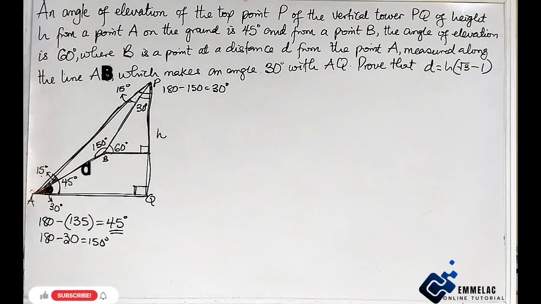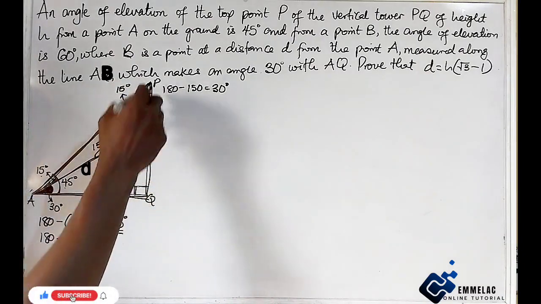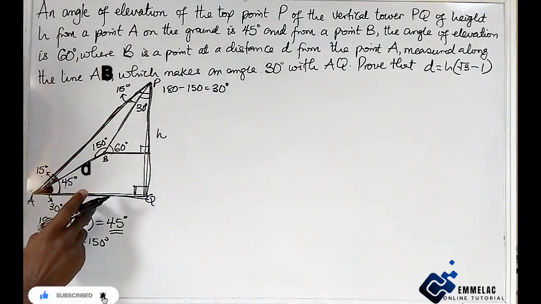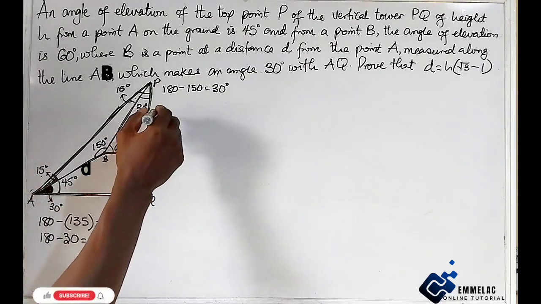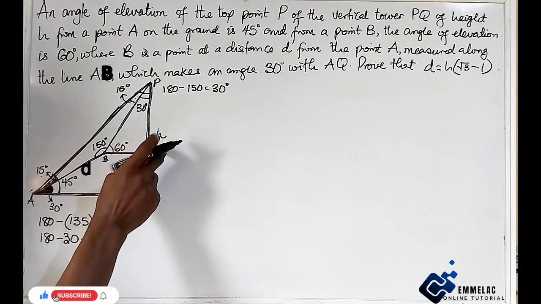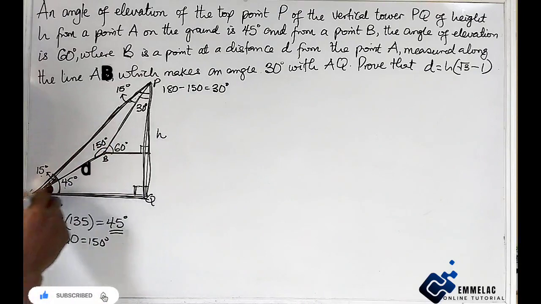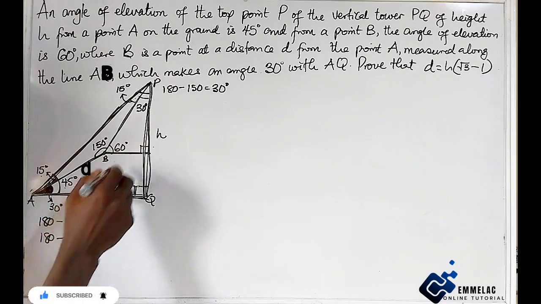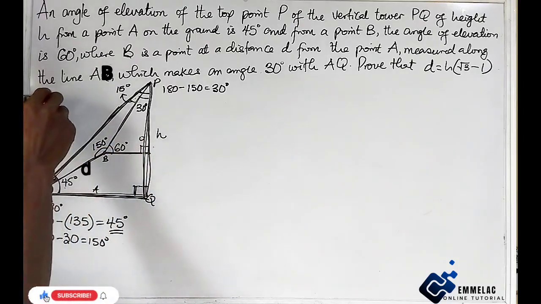Okay, now still considering this triangle APQ, here is h, here is 45, and we don't know this AQ here. Now let us find AQ. As per the right angle triangle, here is opposite, here is adjacent, and here is hypotenuse. Alright, and just use SOHCAHTOA.